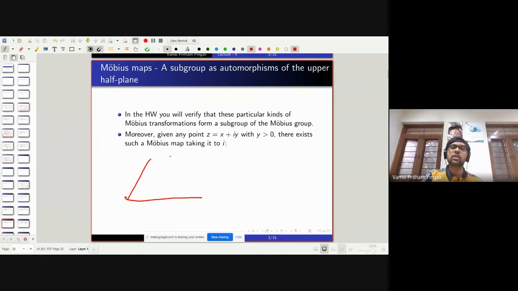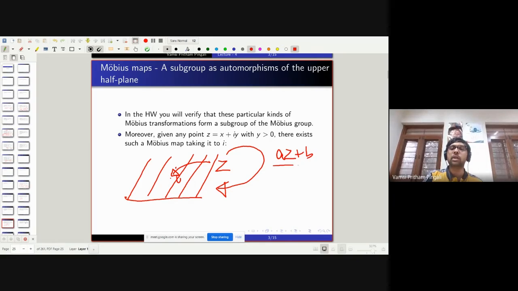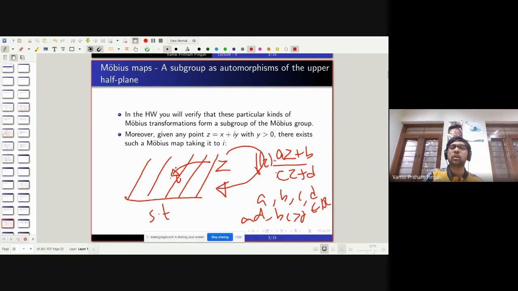That means if I take the upper half plane and any point here, there is a Mobius map mapping the upper half plane to itself that takes this to this. In other words, there exists a Mobius map of the type (az plus b) divided by (cz plus d), where a, b, c, d are real and ad minus bc is positive, such that if I call this f, then f of x plus iy equals i.